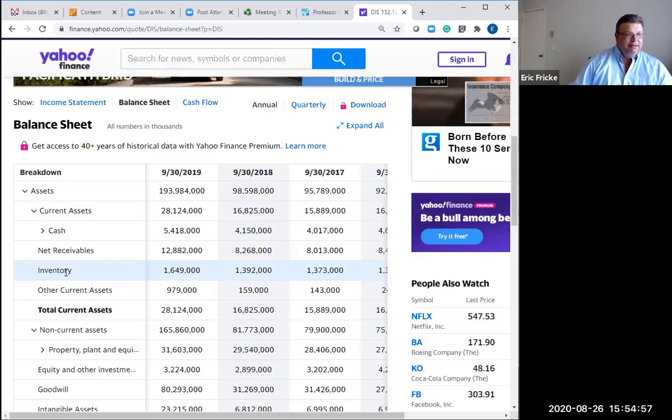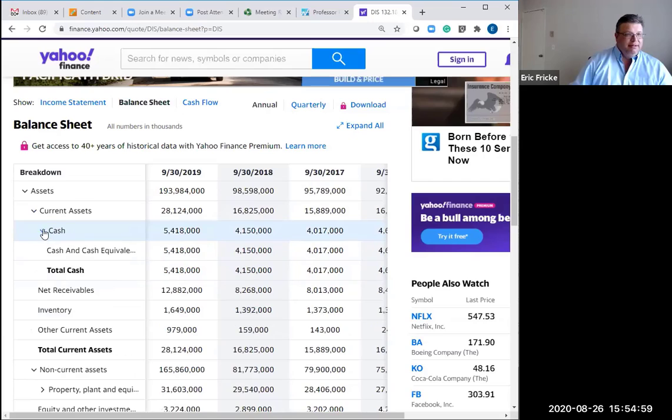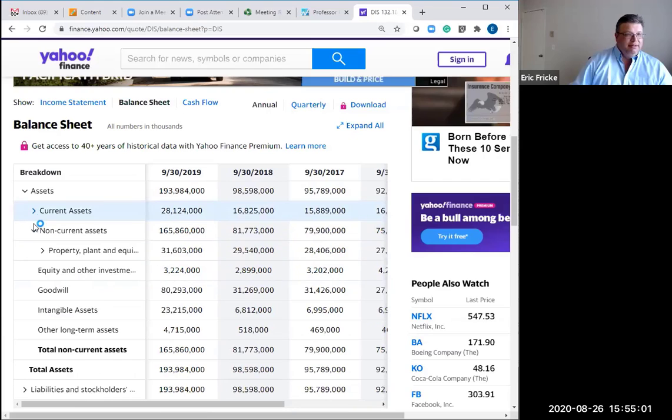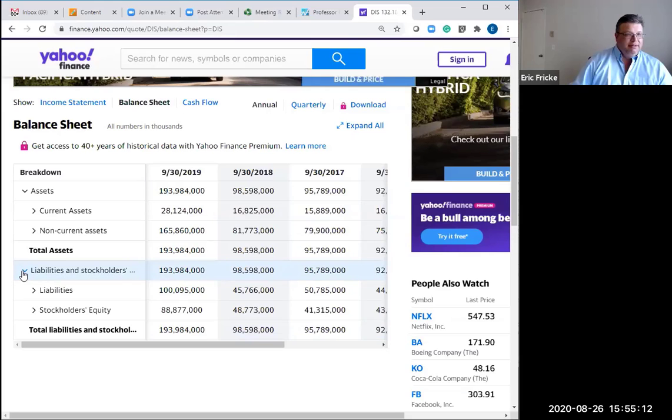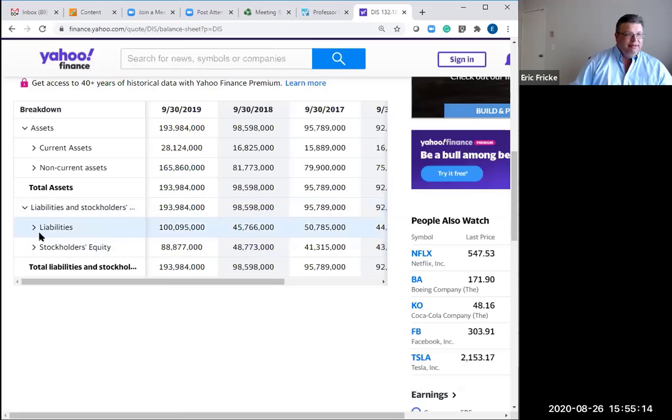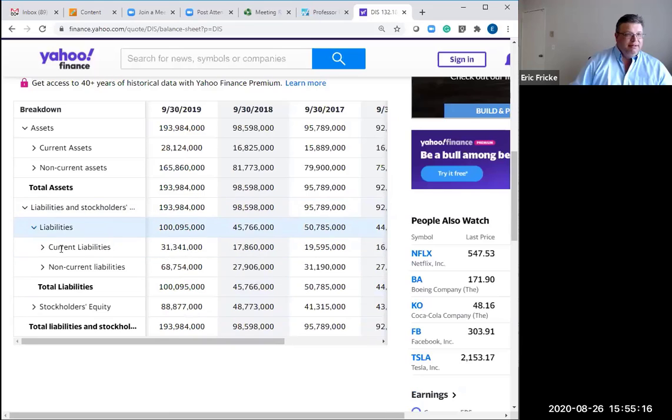I know it's a little confusing because they use these little arrows to collapse things. That's how it is. Then under liabilities down here, we can see liabilities broken down into current liabilities and non-current, or long-term, liabilities. And then here's our stockholders' equity.